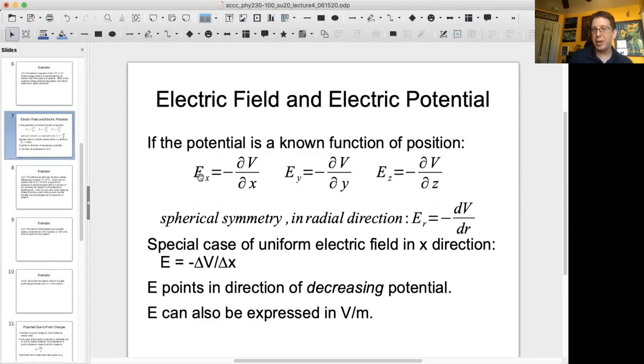That would mean the component of the electric field that points in the direction of the equipotential is 0, which means there's only a component that's perpendicular to the equipotential. And so the electric field lines are, as a result, always perpendicular to equipotential lines.